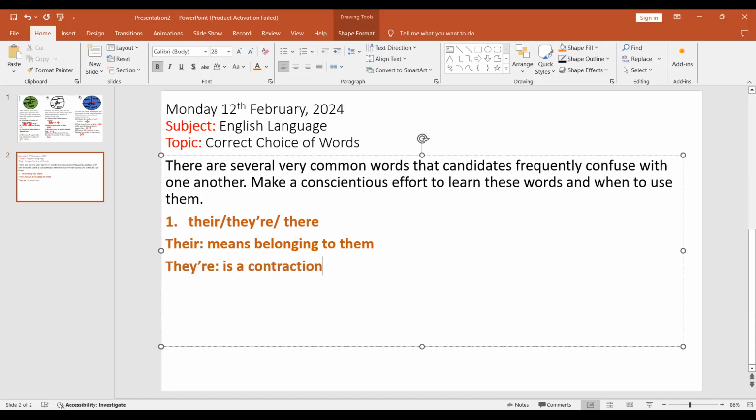What do we mean by a contraction? We're combining two words together. It's a contraction of they are. So if you want to say they are, you can say they're. All right? So that's another type.